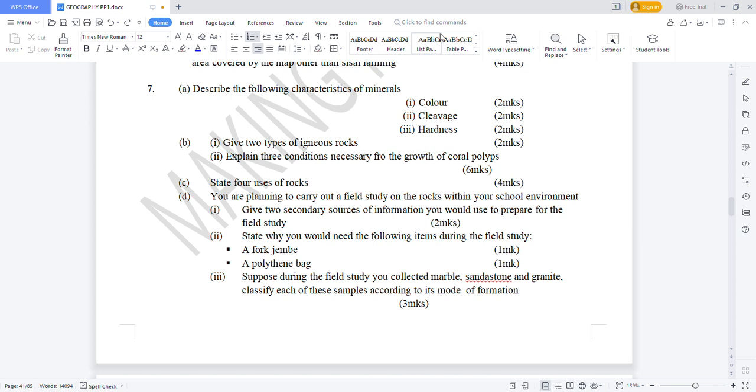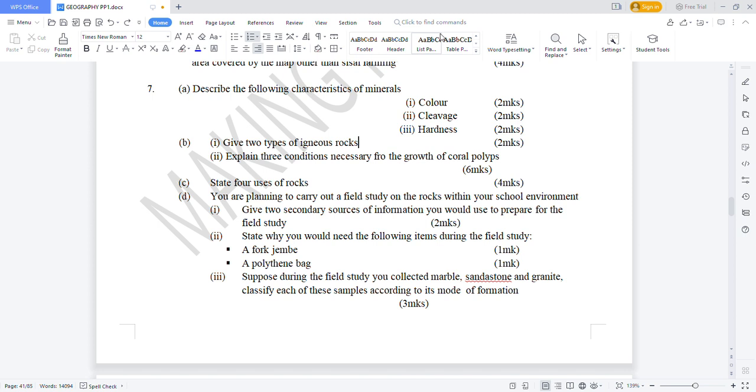Then the third one, you have clear water, i.e. silt free. Then the fourth one, we have warm water with a temperature of 20 degrees Celsius to 29 degrees Celsius.